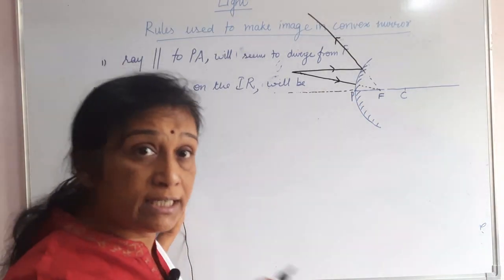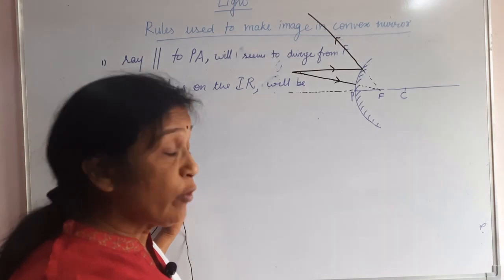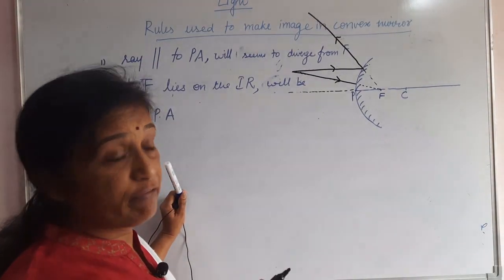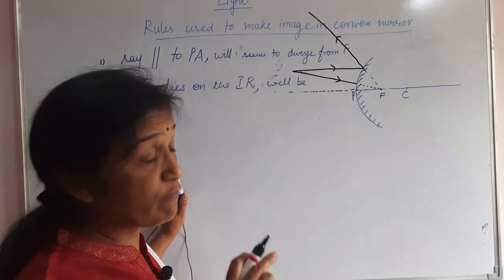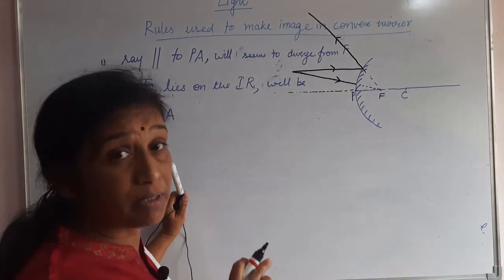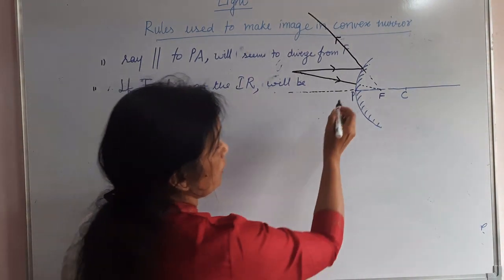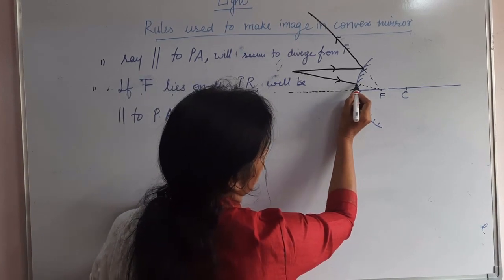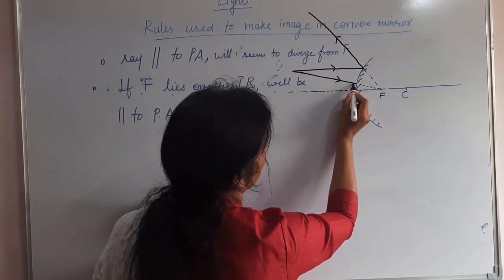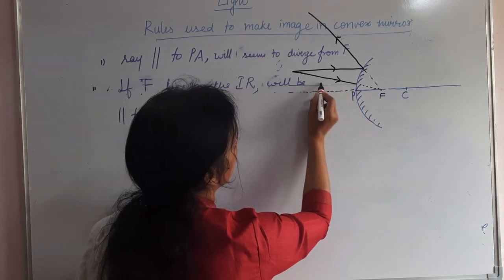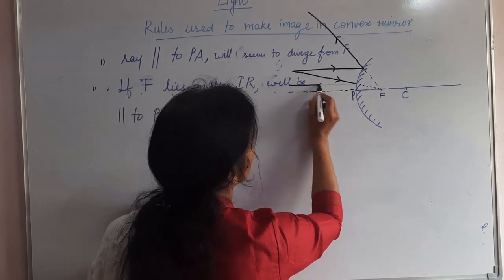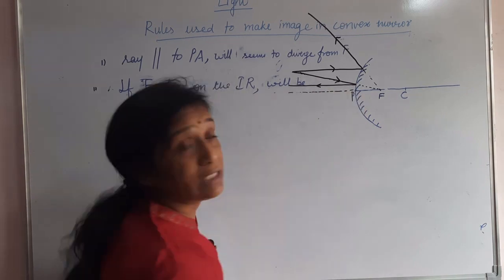If I extend it, the F point, the principal focus, comes on that line. Then how will it reflect? Such rays will reflect parallel to the principal axis. So it will reflect back parallel to the principal axis. This is the second rule.